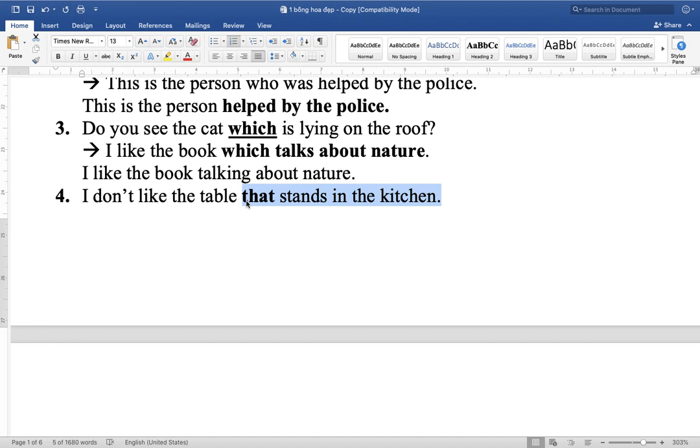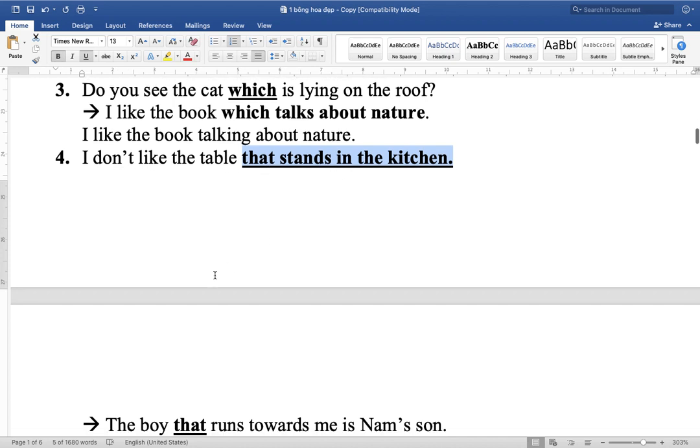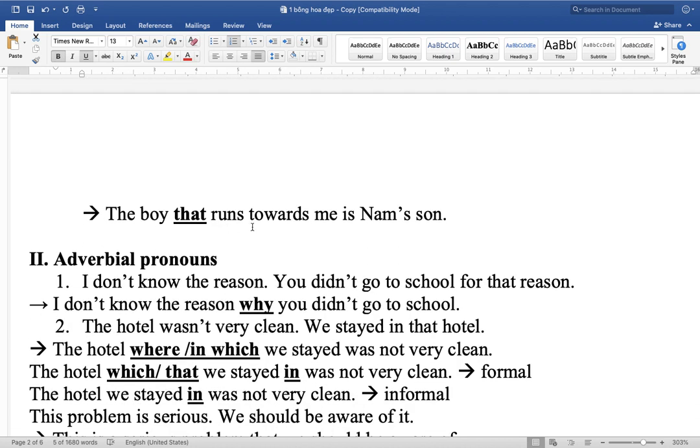Okay, so we just know that this can replace the table here, or we can write, I don't like the table standing in the kitchen. The boy that runs towards me is Namson. The boy running, yeah, because it's an active voice. The boy running towards me is Namson.